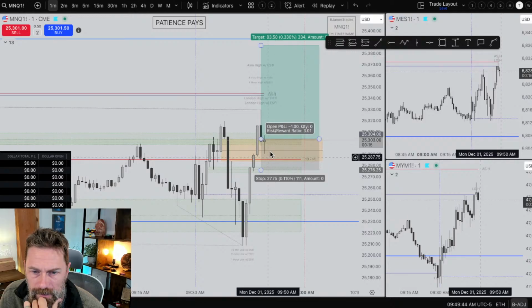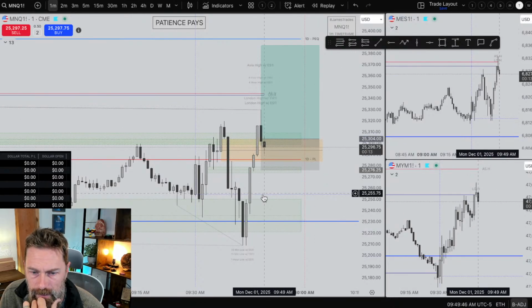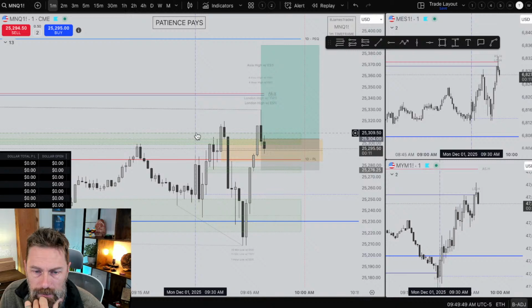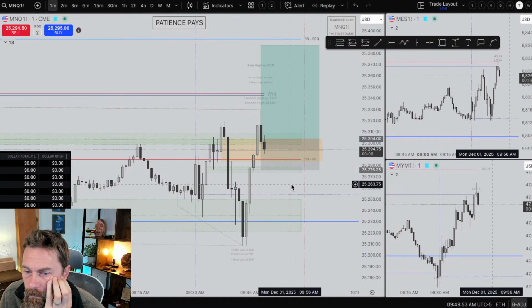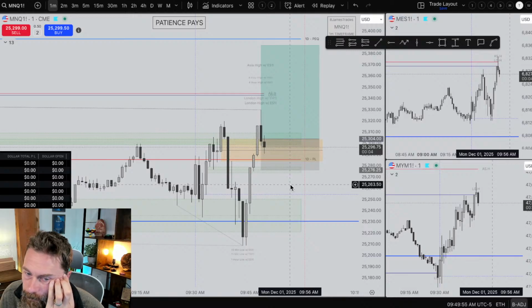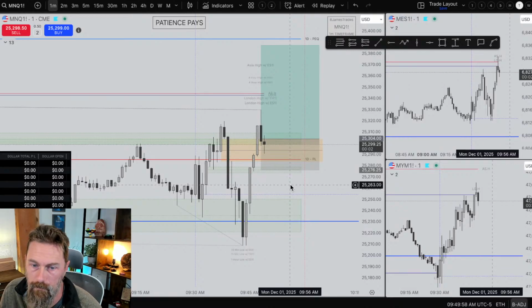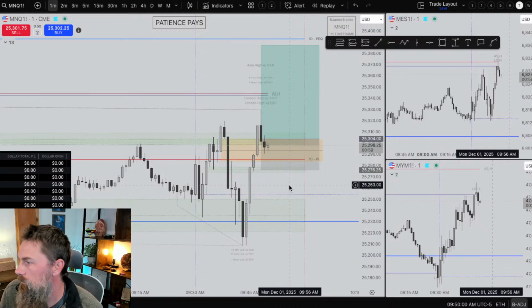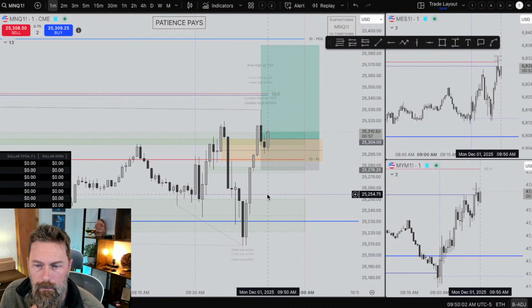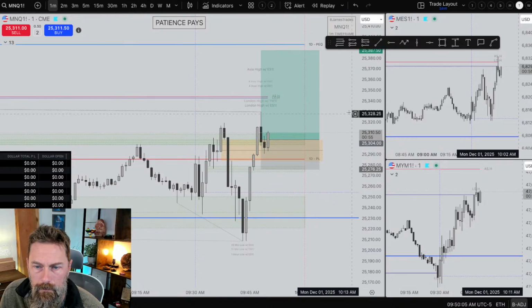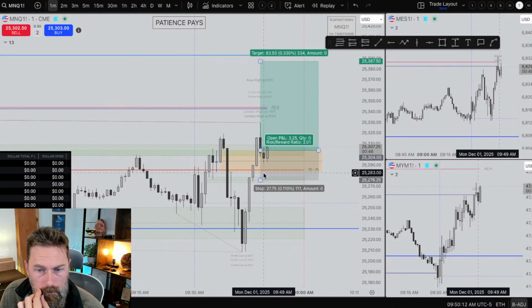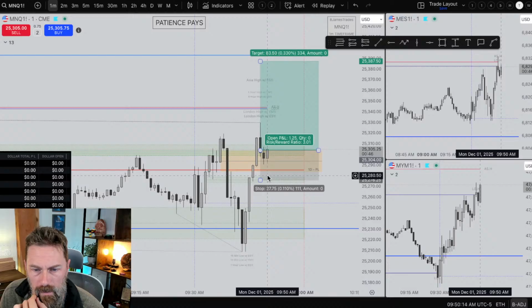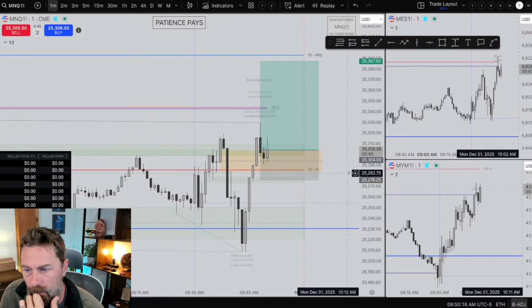So that's why I'm just tape reading this, is I don't have faith that it's not going to come all the way back down in here and just kind of keep going back and forth. So 9:50, we are in the macro.